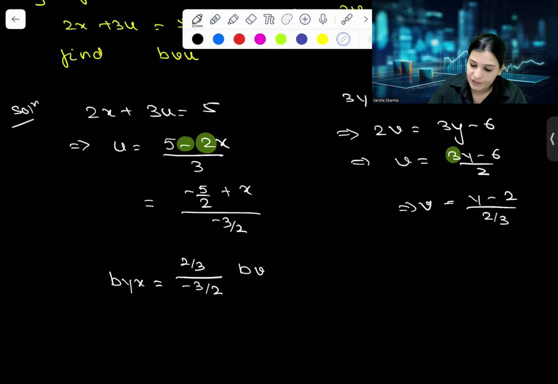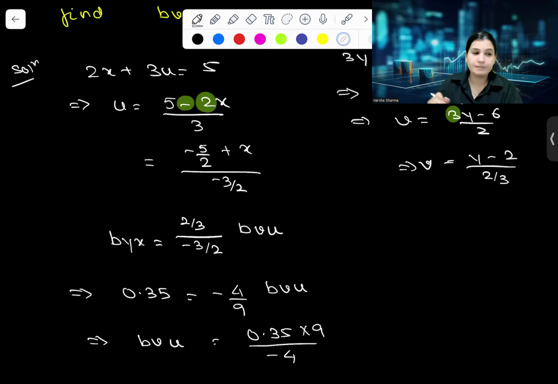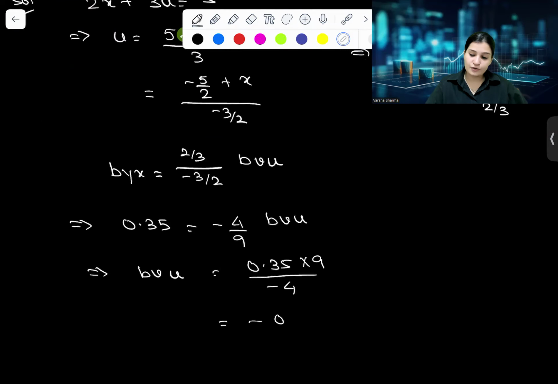Y changes to v, x changes to u. Now this was 0.35. This is minus 4 by 9 bvu. So from here, bvu will be 0.35 into 9 divided by minus 4. Answer is minus 0.7875. That should be the answer.